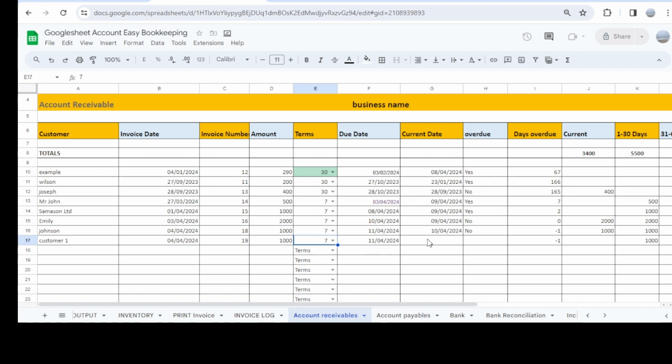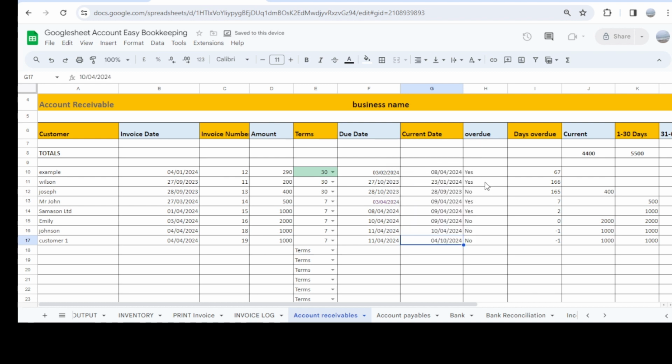So let's enter our current date to give us further information. You double click on it and this date calendar will pop up and you just choose. It saves you from typing. So let's say today's date, we are in April, is the 10th of April.